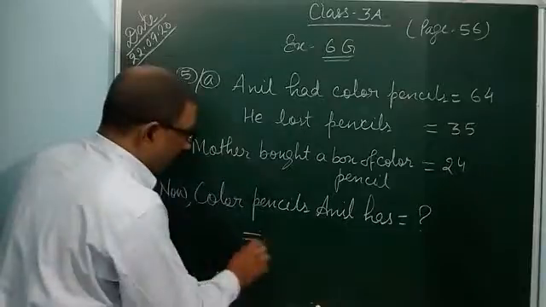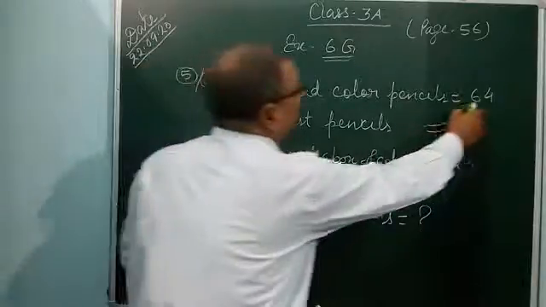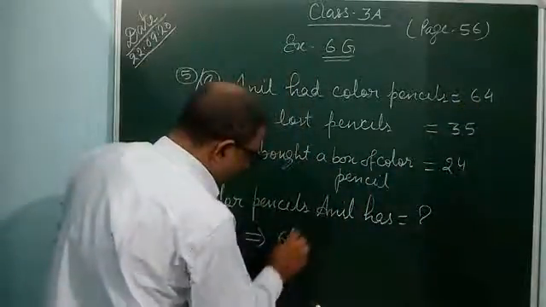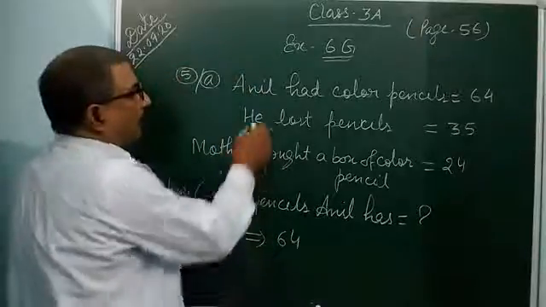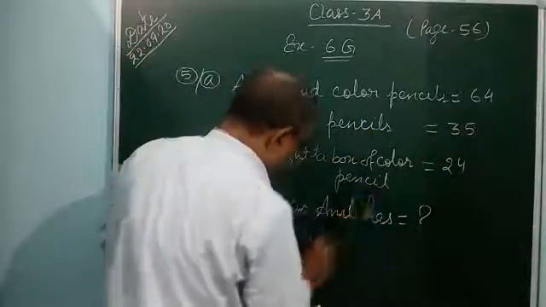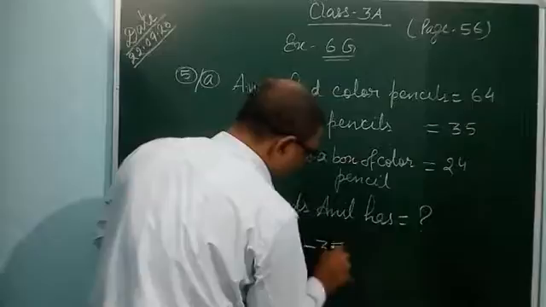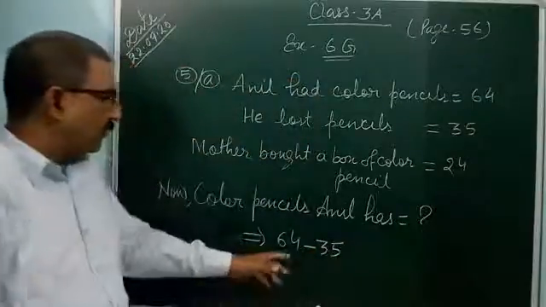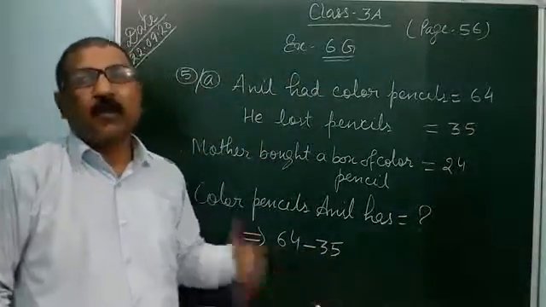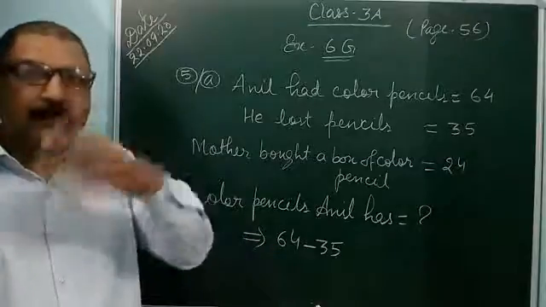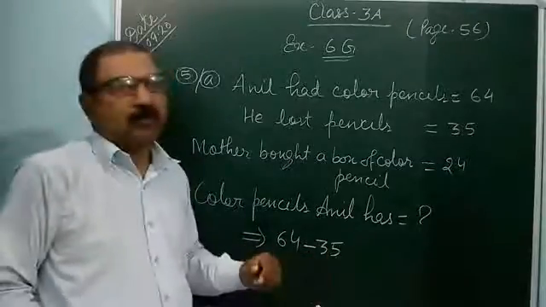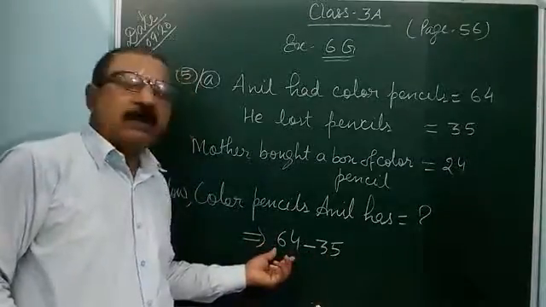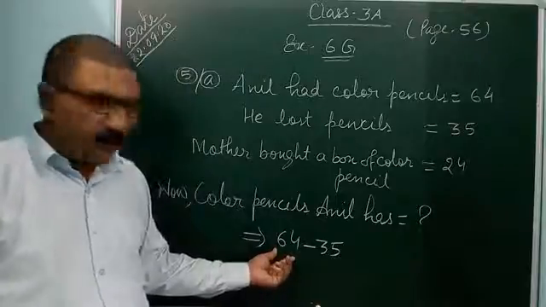See, the total number of pencils is 64. You write 64 first. And he lost 35 pencils, which means minus 35. Lost means you can represent it with a minus symbol. He had a total of 64 pencils, which means plus 64.